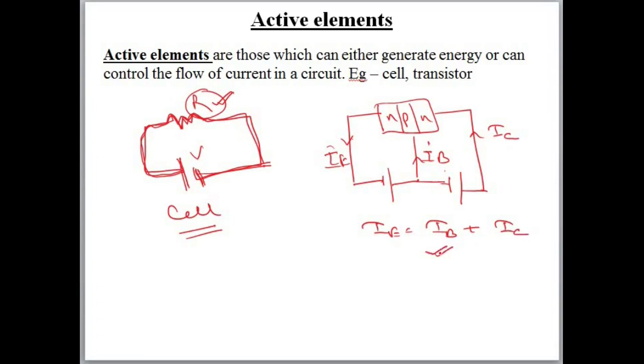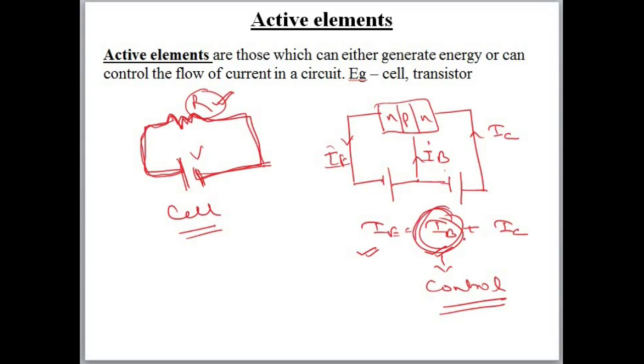This base current is controlling the amount of current flowing in the emitter. This base current is the control part. Whenever this base current is increasing, IE will also increase. If base current is 0, then the transistor will be open. It will not allow any current to flow.